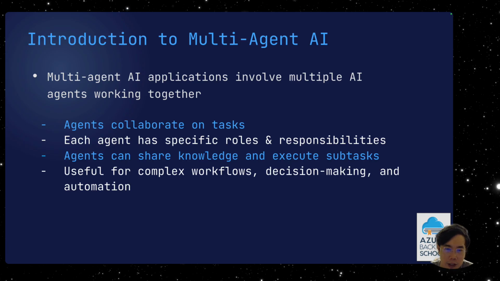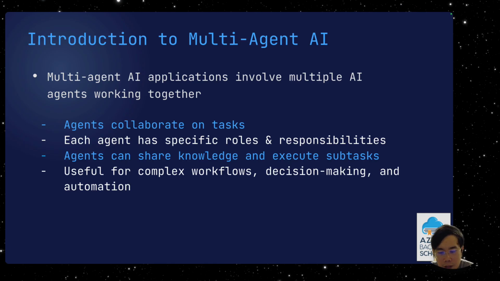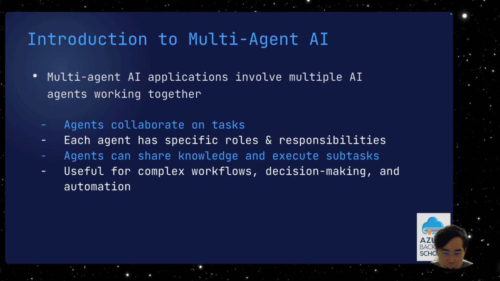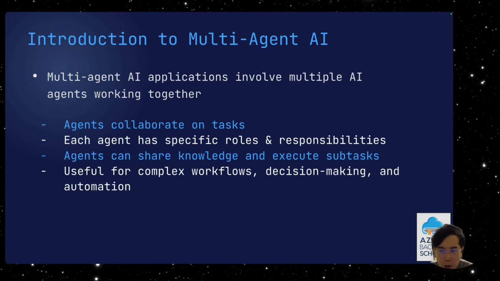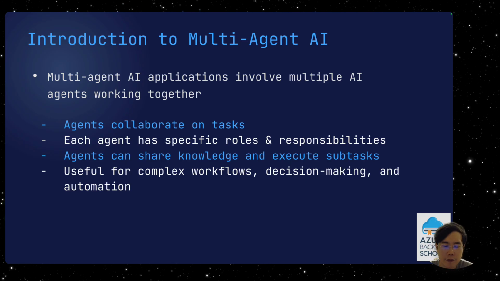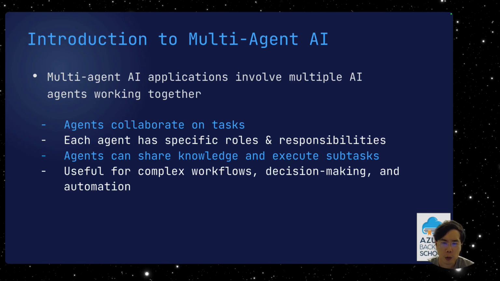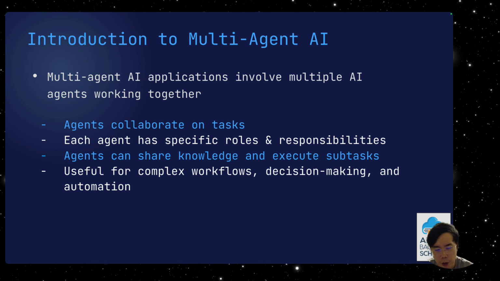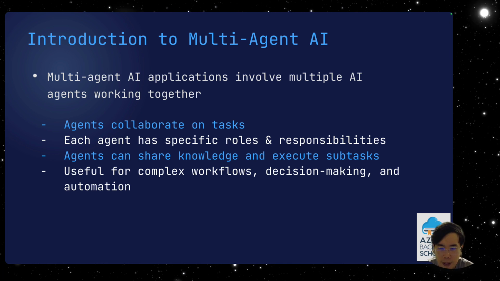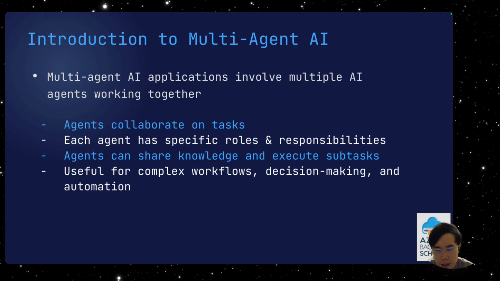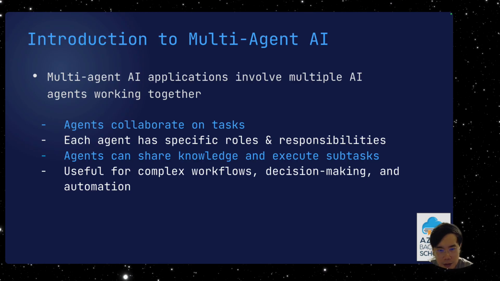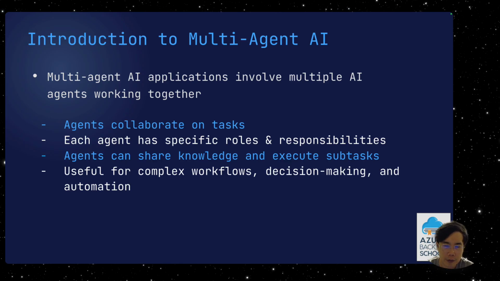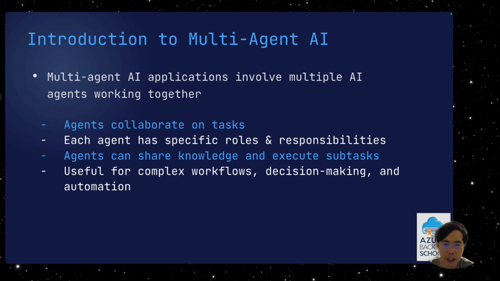Each agent can also pass its result on. That means agents can share knowledge and execute subtasks for you. And also, multi-agent is useful for complex work, to make a team divide a big task into subtasks and make the automation. This is multi-agent AI.